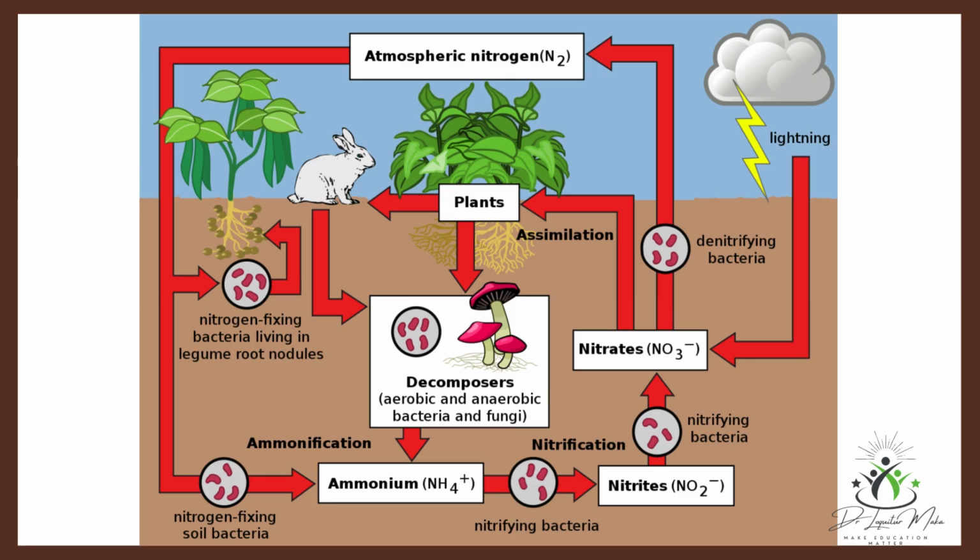We fix it first, then we nitrify it next, then we assimilate it, then we ammonify it, and then we denitrify. When you denitrify it, you take it back to the atmosphere. So they find their way back to the atmosphere. In the case of denitrifying, it is carried out by denitrifying bacteria.